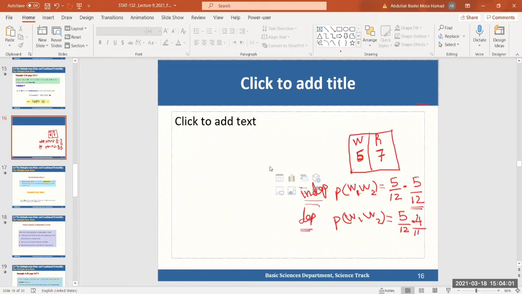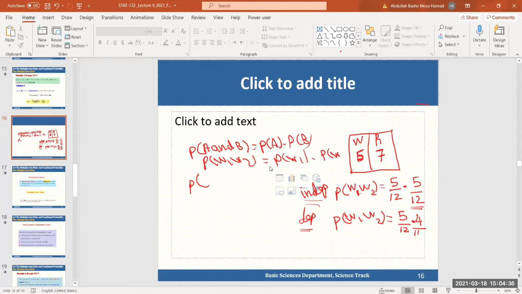This is independent. Now we are going to construct the general rule. If A and B are independent, then P of A and B equals what? Equals P of A multiplied by P of B. We already discussed this before. If A and B are dependent, in this case, like this, for this dependent case, P of W1, W2 does not equal P of W1 multiplied by P of W2.